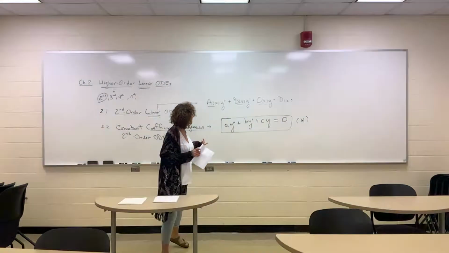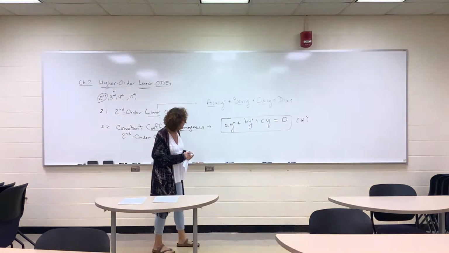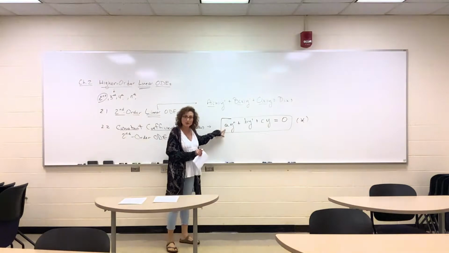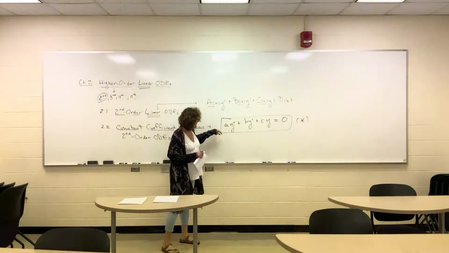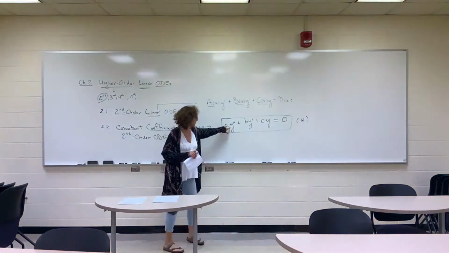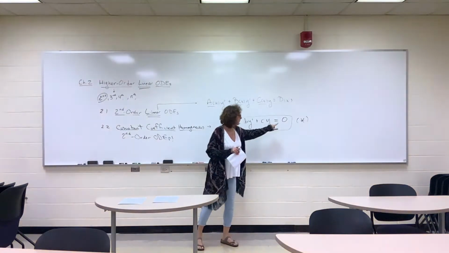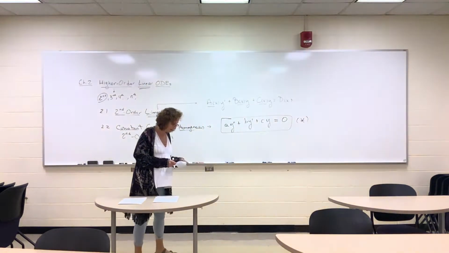We'll take it to be x, just because it's easier to write. You guys seem to like x. So, what does this equation say? Find me all functions out there in the world, right? Where the constant a times the second derivative plus the constant b times the first derivative plus the constant c times themselves ends up being 0. Yeah, that's what it says, okay?